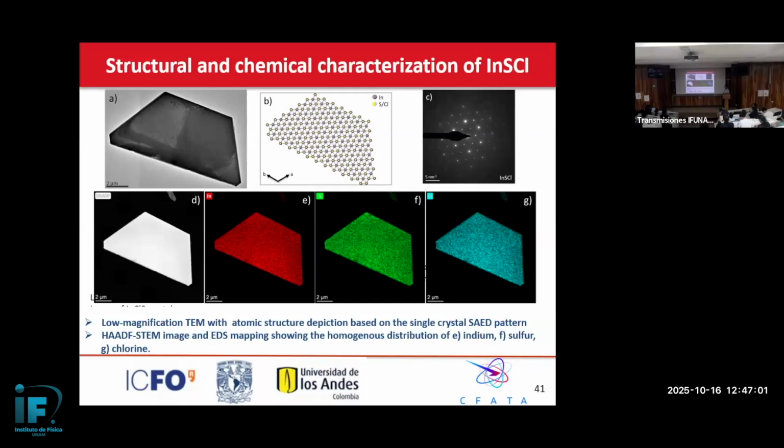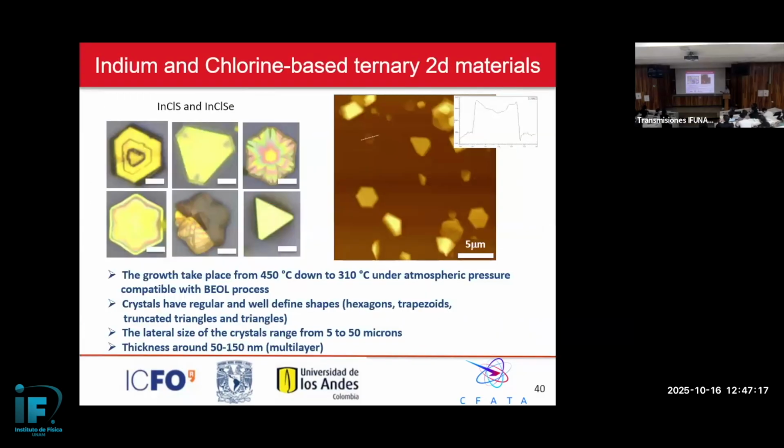We have managed to thin down to, I think, 5 nanometers. These are really good questions and we are working towards them. You can see this is after growth. Mostly they are very thick, like 1 micron thick. Some of them are like 20, 50 nanometers. So there are still a lot of questions to be answered.